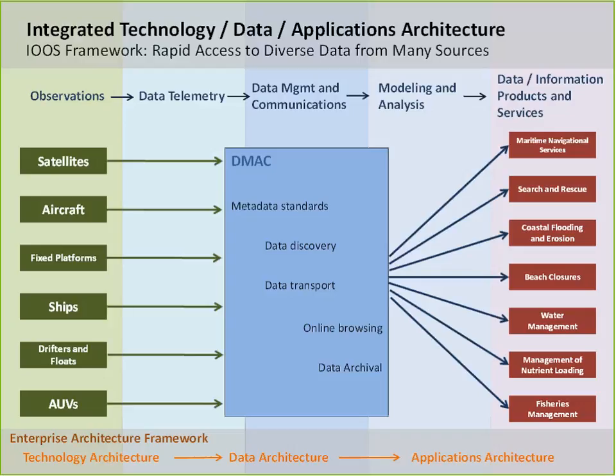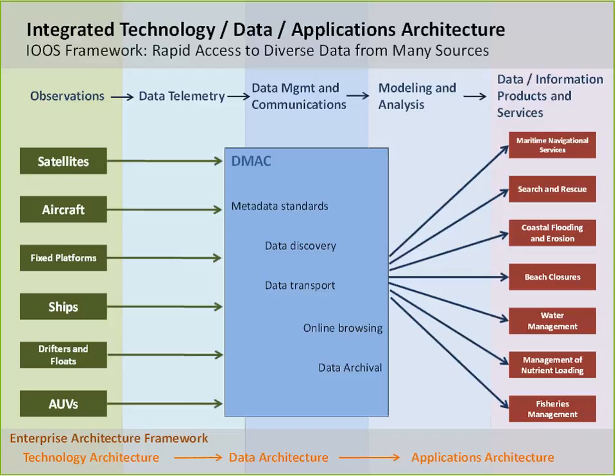The concept here is to go from observations on the left from a variety of providers, satellites, aircraft, ships, fixed platforms, buoys, and route that information to all the users that are shown in red boxes on the right here: people who want to close beaches when they're dangerous, manage water quality, manage navigation, search and rescue, fisheries management.